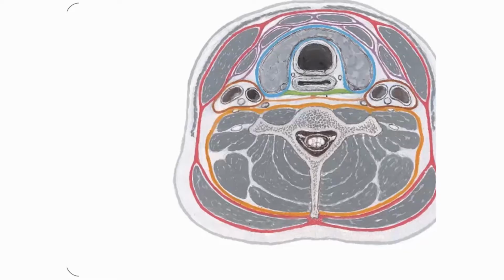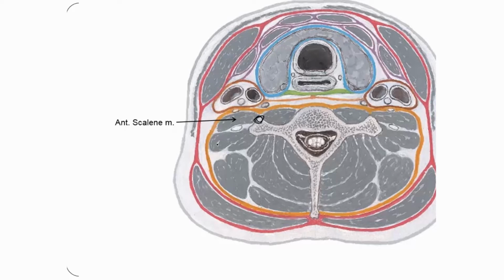If we make a cross-section of the cervical region, we can get a sense of where these structures are that we have just discussed. So there is the anterior scalene muscle. We can see it attaching to the transverse process of one of the cervical vertebrae, and again, it will extend down to rib 1.